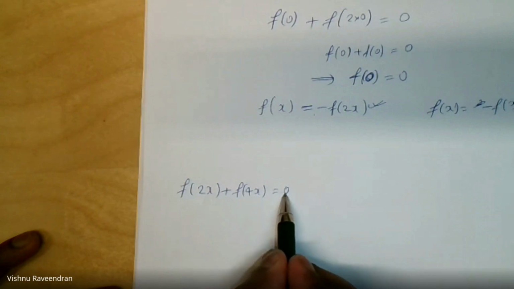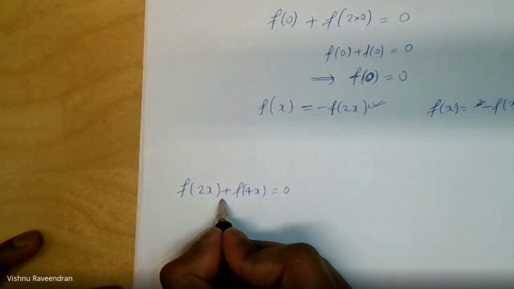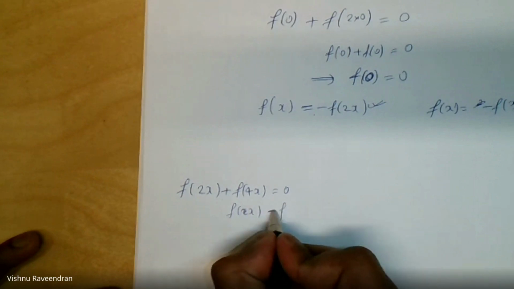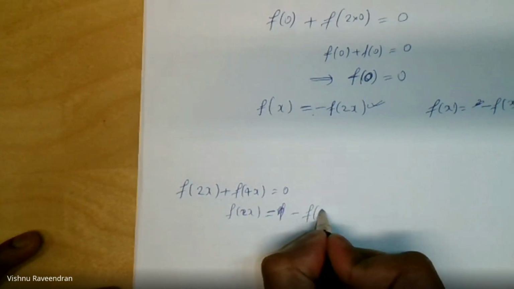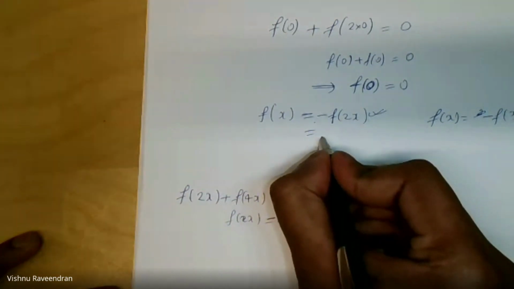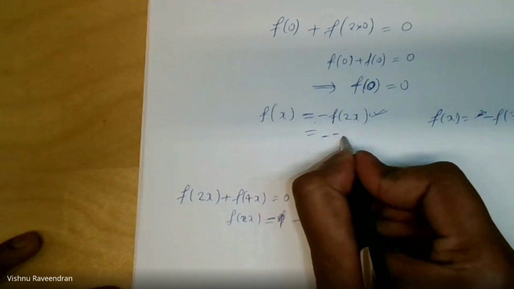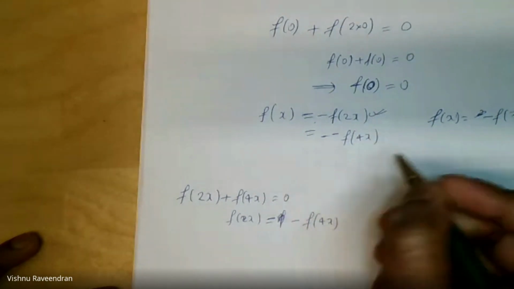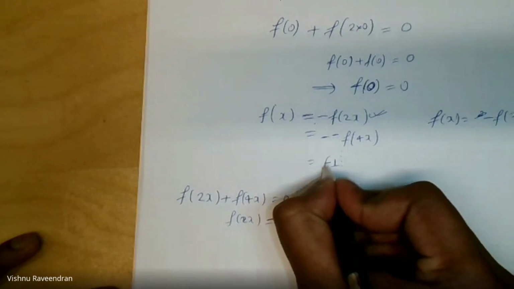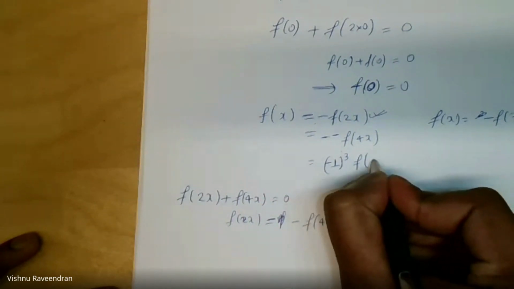So f(2x) will be minus f(4x). So f(x) equals minus f(2x), which is minus times minus f(4x). And again, I can do like this, so it will be minus 1 to the power 3 f(8x).